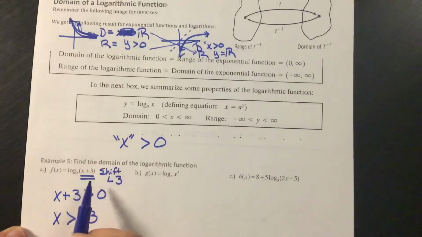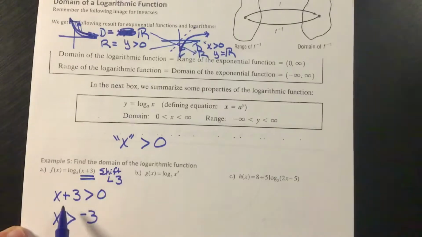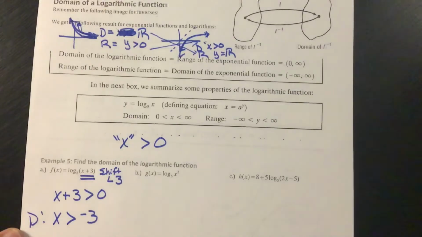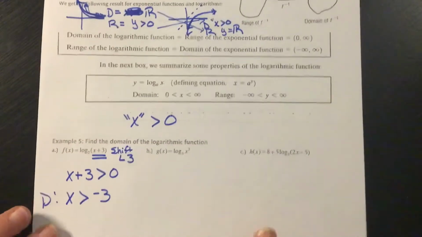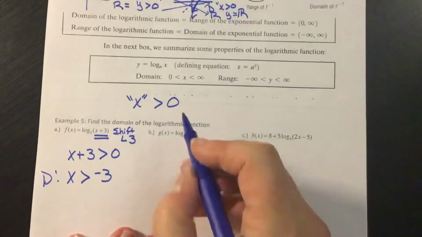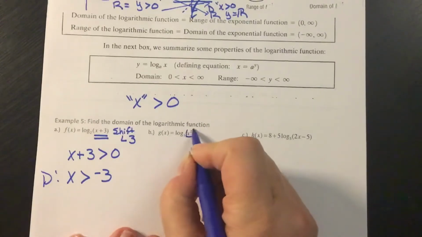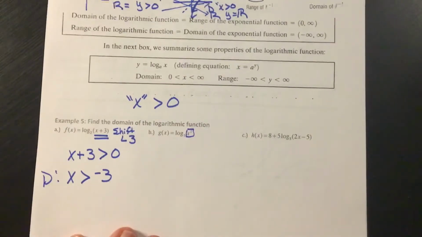So if my original domain was greater than 0, if I shift it to the left 3 units, my new domain is x is greater than -3. All right, so here let's look at this next part with the x in it.